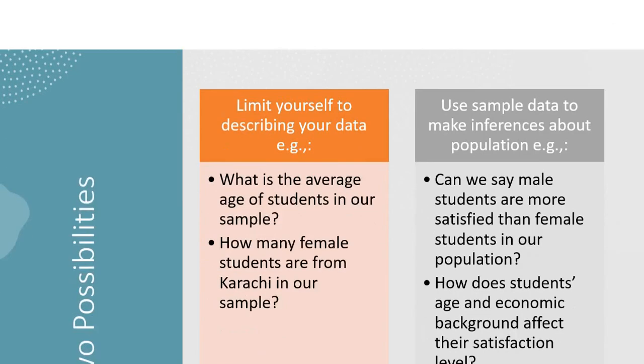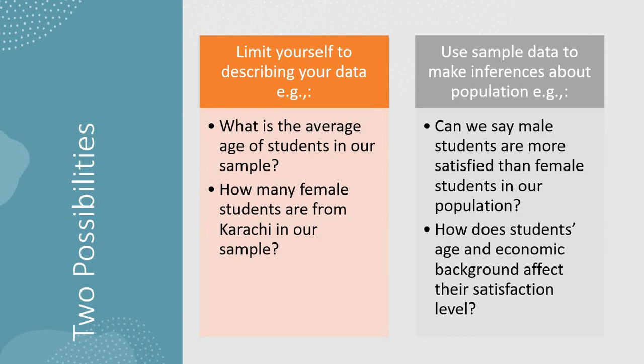However, in analyzing data, you can take two approaches. One is to limit yourself to describing your data, the data you have from the sample you have selected. For example, you might want to analyze what is the average age of students in our sample. Similarly, you might also want to analyze two variables together.